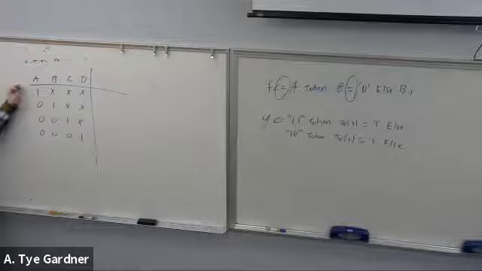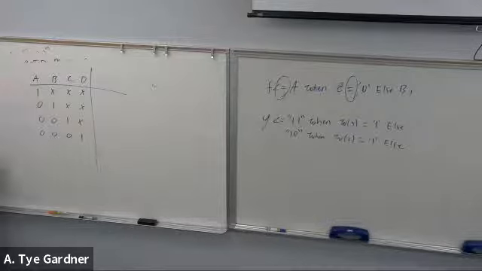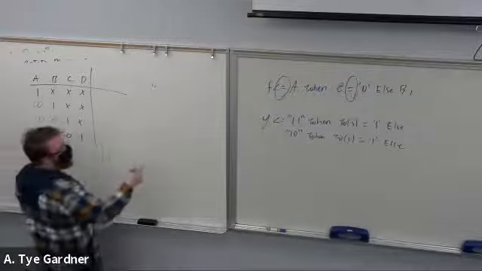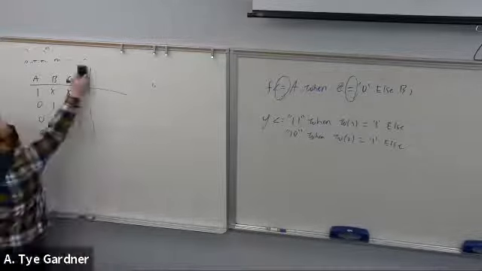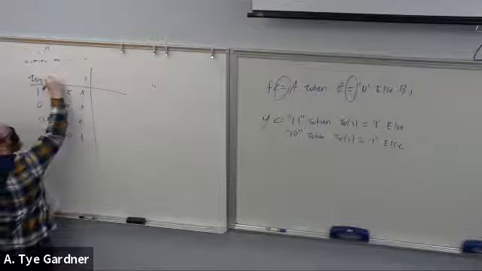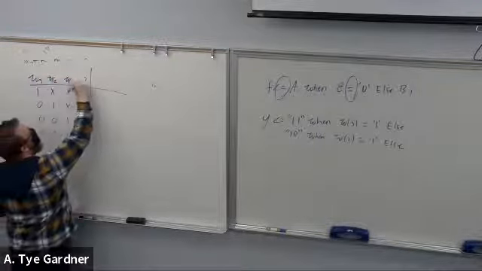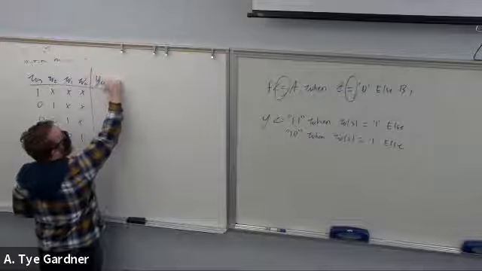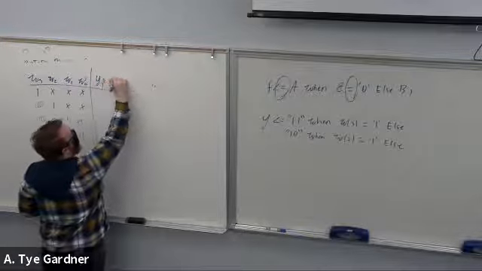All right, well, we could build some weird complicated circuits to do this, but fortunately we have VHDL as a tool. So what I'm going to have is I'm going to redraw this just so it makes sense. This is going to be W3, W2, W1, W0, and I have an output Y1, Y0.